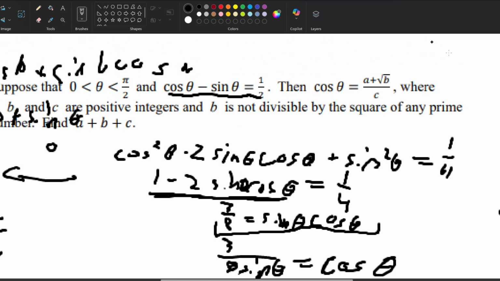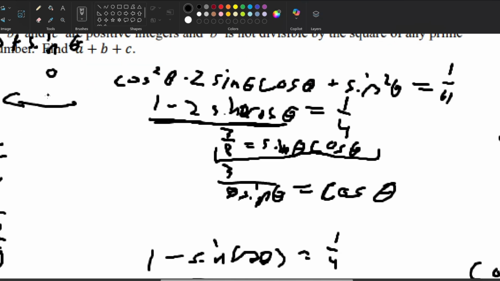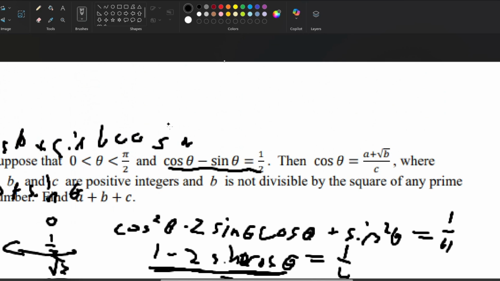It goes through 0, 1/2, root 2 over 2, root 3 over 2, and 1. So it does not go negative, so these are both positive.